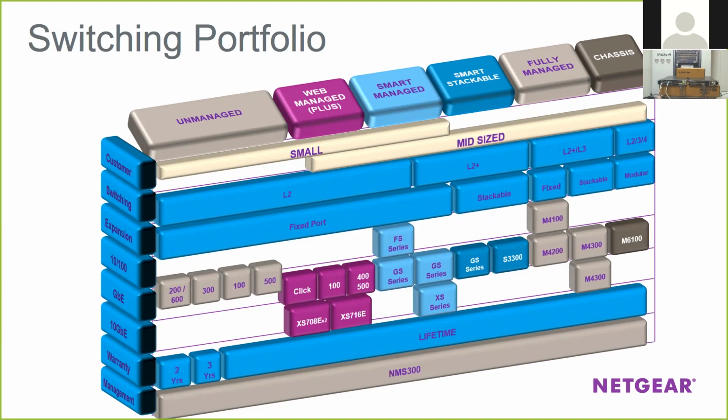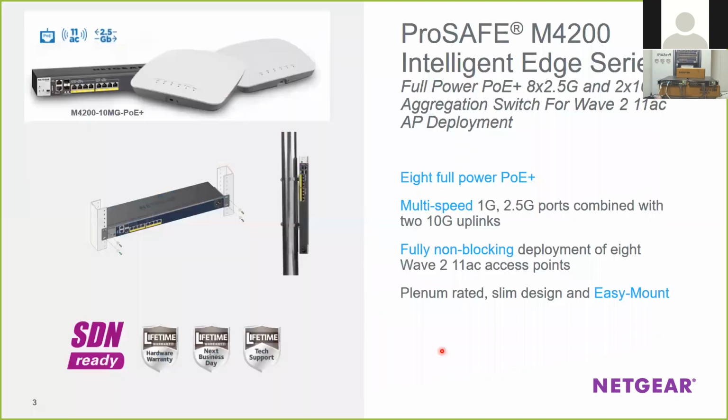The M4200 switch is a fully managed switch platform. It comes with 8 ports of full power PoE+, so good old RJ45 ports. But all these 8 ports of full power PoE+ are multi-gig Ethernet, meaning 8 times 2.5 gigabit per second.